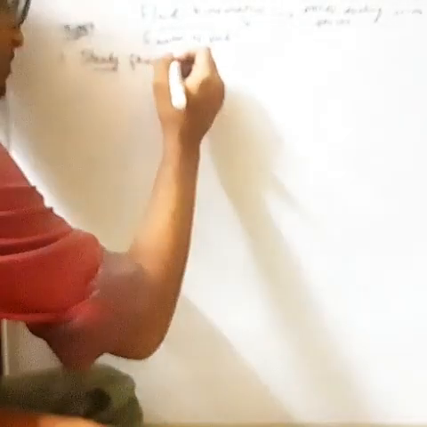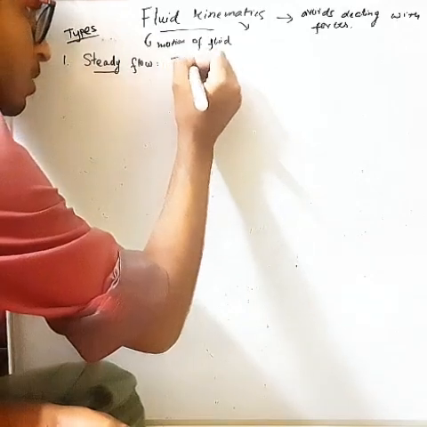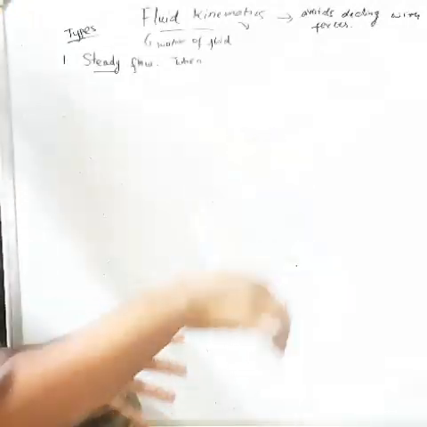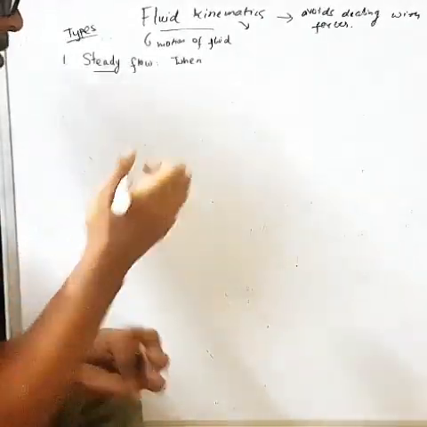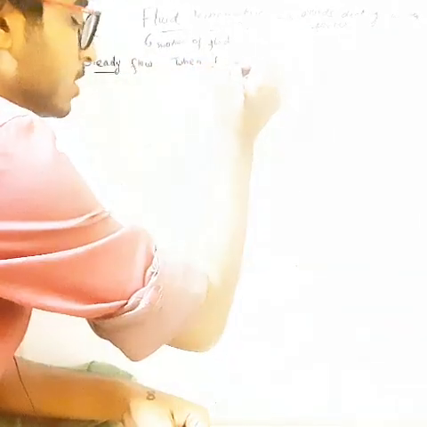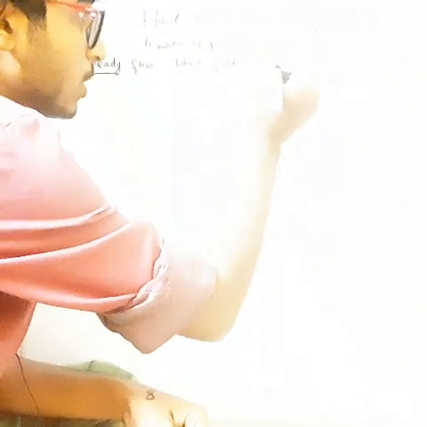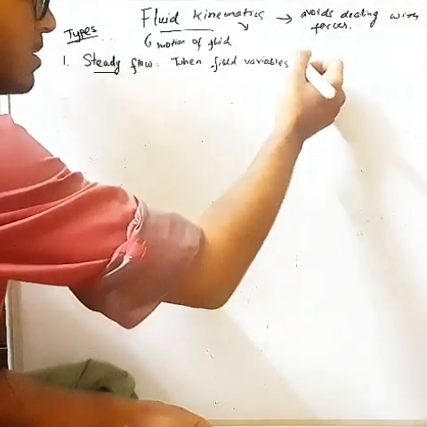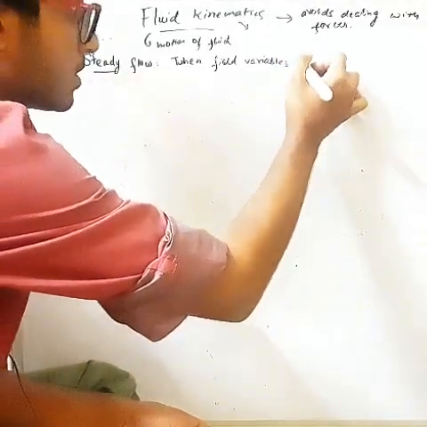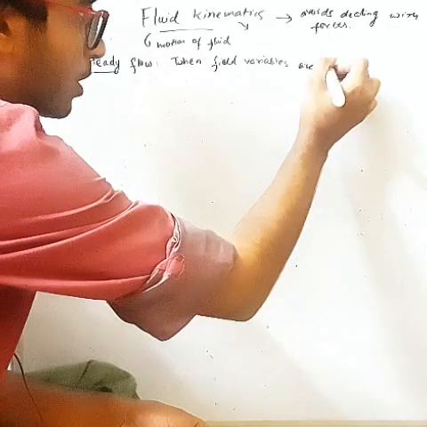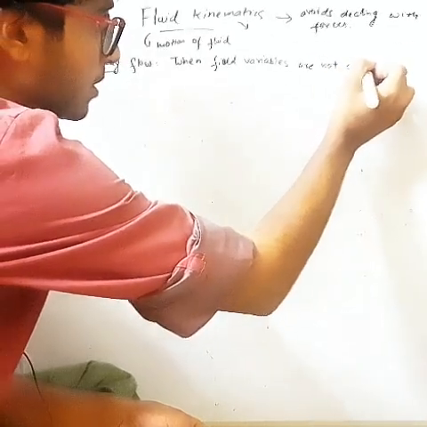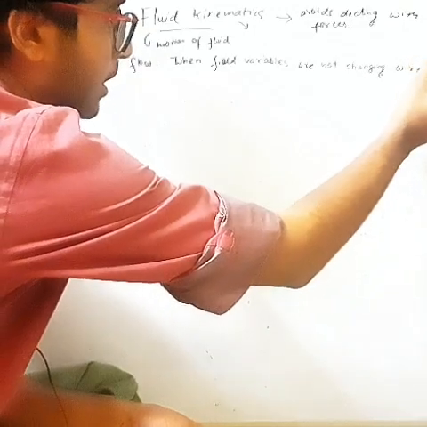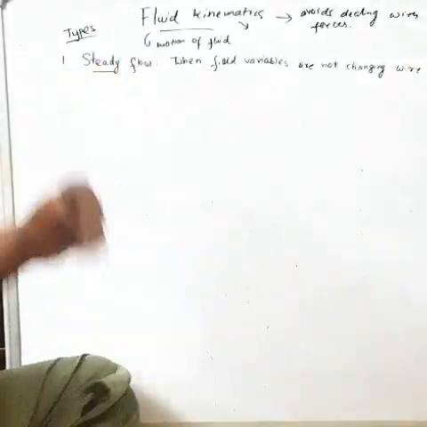Steady flow is when the field variables, and when I say field variables, I am talking about pressure, velocity, and density, are not changing with respect to time. Then they are called steady flow.